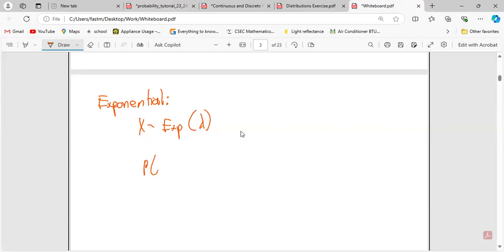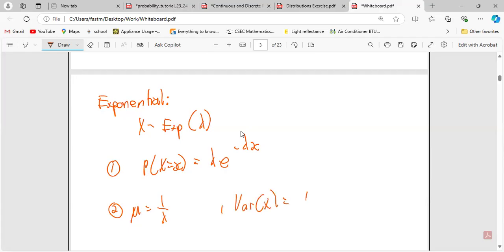Right, so the PDF is lambda e to the minus lambda x. Just like before, as I said, it's plug and play. So there's a PDF and some important stuff. So your mu is 1 on lambda, and the variance is 1 on lambda squared.